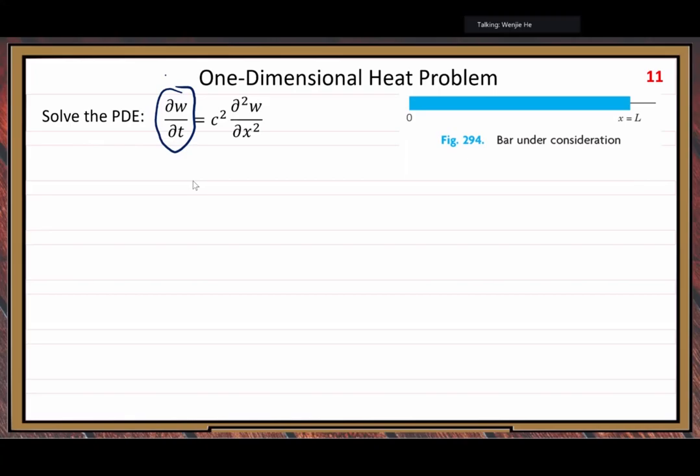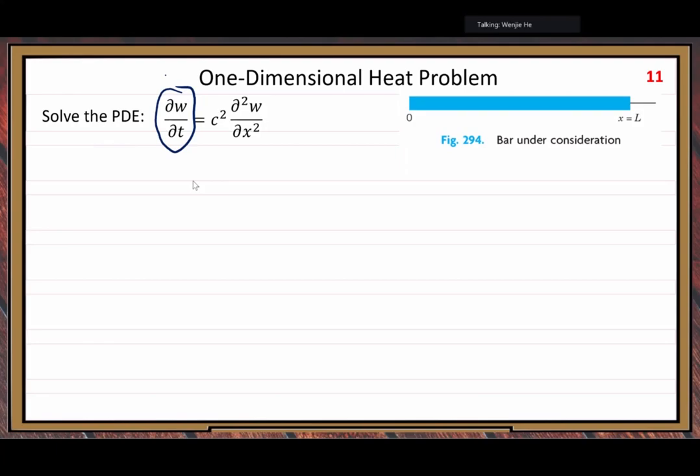Other than this main PDE, we also need to consider two types of conditions: boundary conditions and an initial condition.